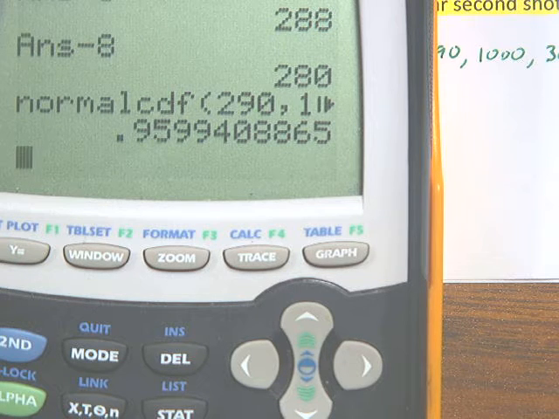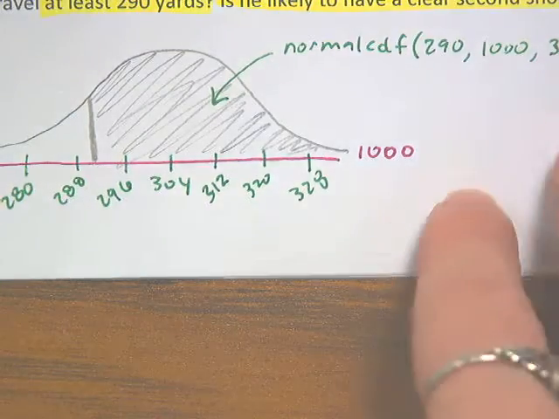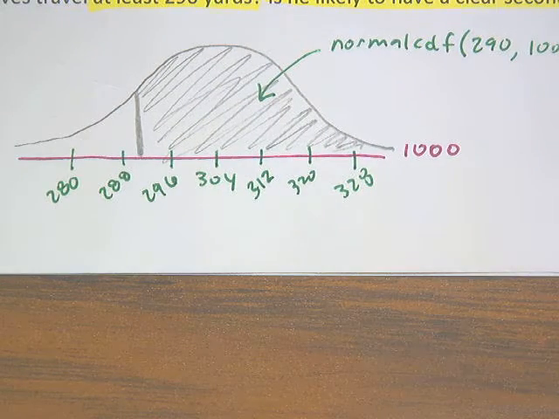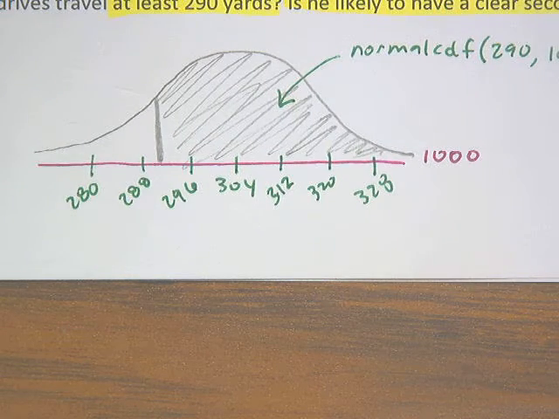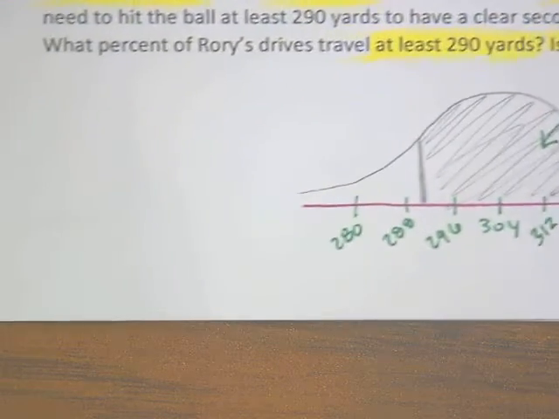Does he have a good chance of basically that first shot being 290 yards or more? Yes. It's very likely. And that's how we're going to word it. It is very likely. So find some empty space somewhere around there. You know how we always give our answers in a sentence.